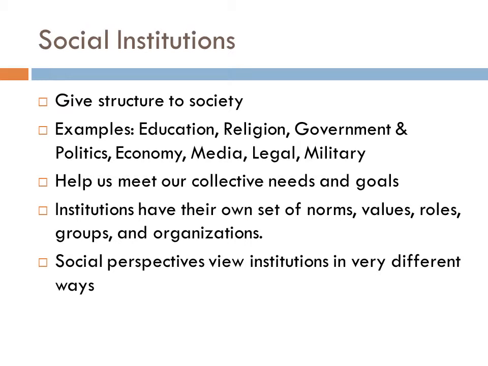And the media disseminates information. They report events and they mold public opinion. This is absolutely critical in a democracy. You can see that each of these institutions has its own set of norms, values, roles, groups, and organizations. We'll look at these later in the semester.